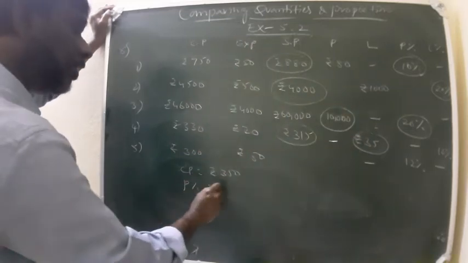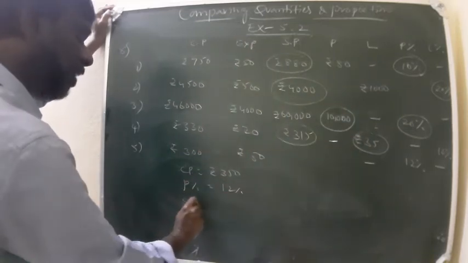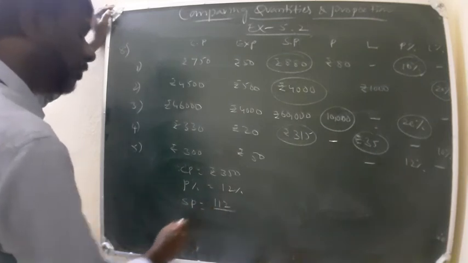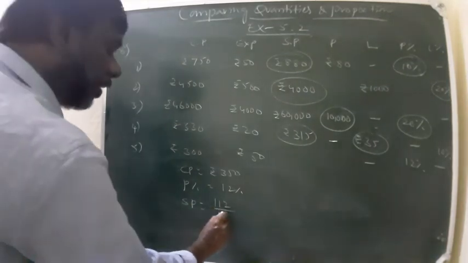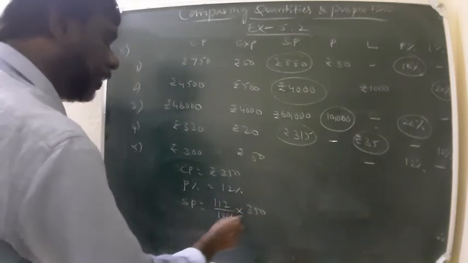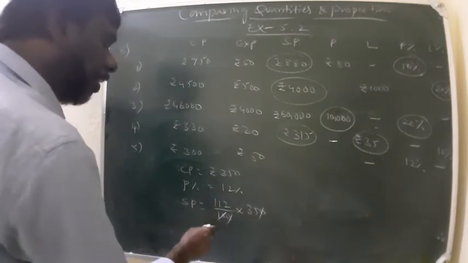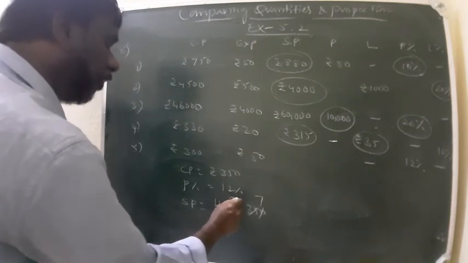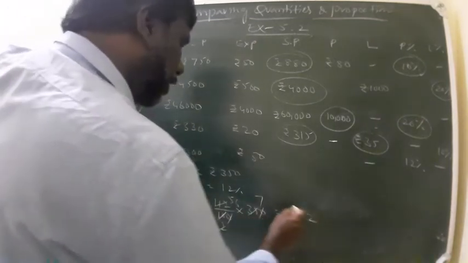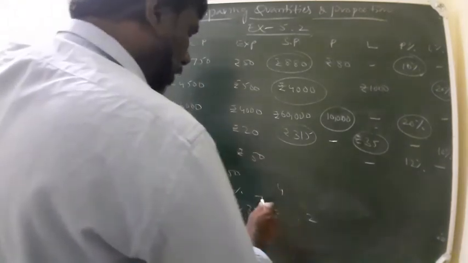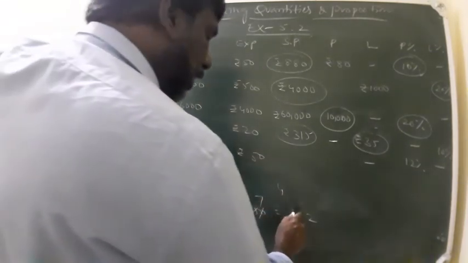Profit percent is 12. To find SP, 100 plus 12, 112 by 100 into CP 350. Zeros cancel, 5 twos, 5 sevens, 2 fives, 2 sixes, 7 sixes are 42, 5 sevens 35, 39.